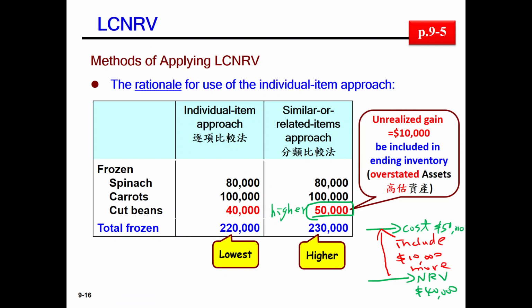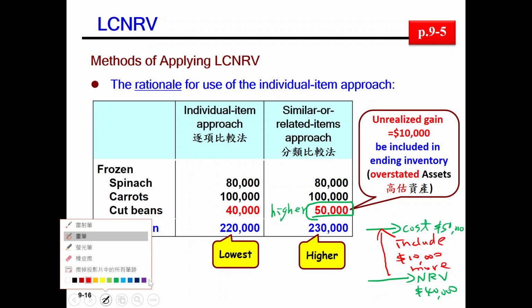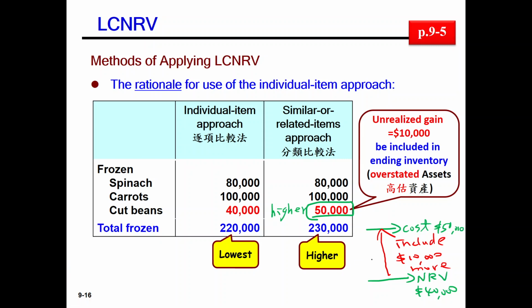But does that $10,000 more have a future economic benefit? No. Why? Because future economic benefit is your NRV. You expect to get $40,000 from customers. But the problem is you report $50,000 for your second method. So it means the number includes $10,000. This $10,000 has no future economic benefit.